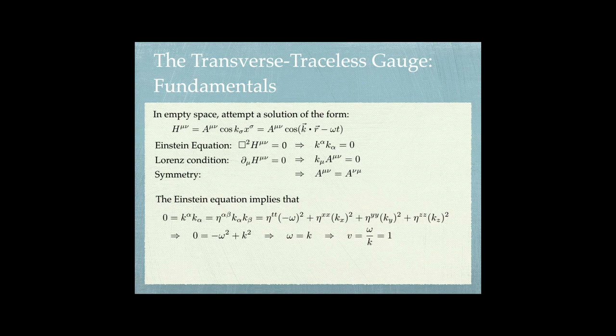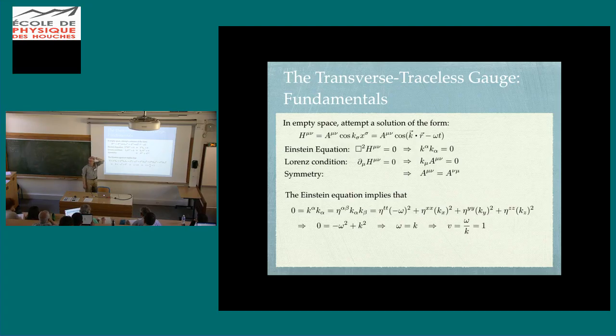So in empty space, we're going to attempt a plane wave solution. Because in empty space I have nothing for the stress-energy tensor, the Einstein equation just boils down to this, where k sub alpha is a wave number 4-vector, so its time component is equal to minus omega, where omega is the wave frequency, and its spatial components go along with that.